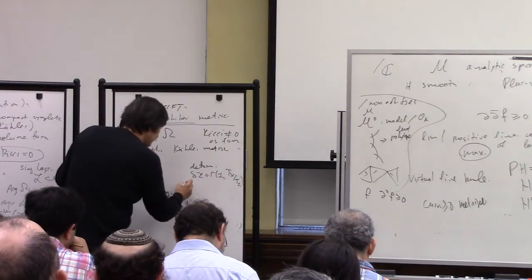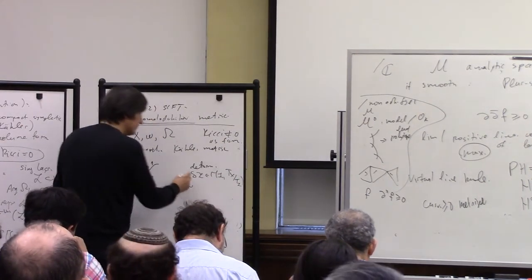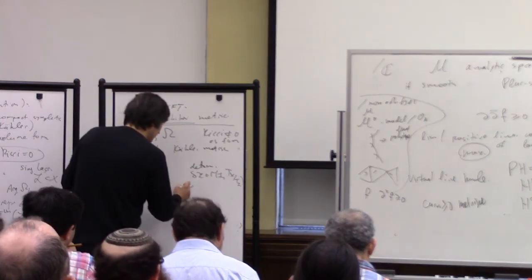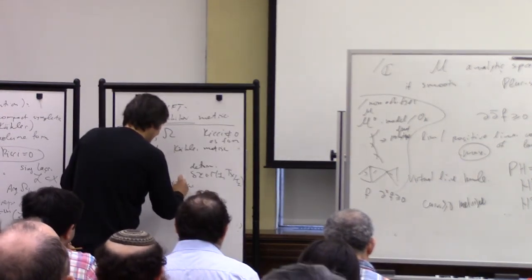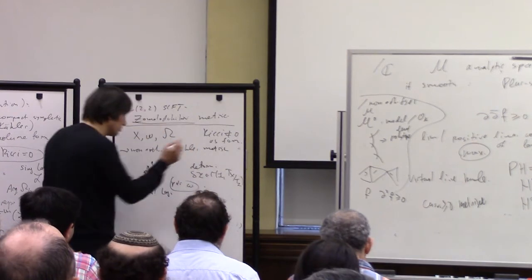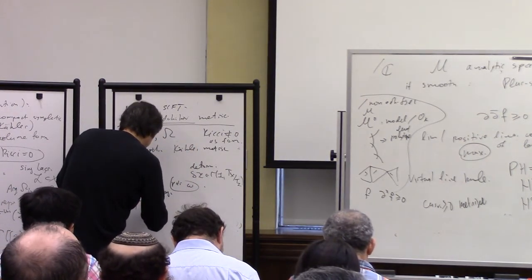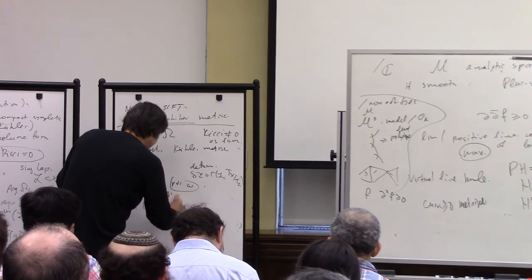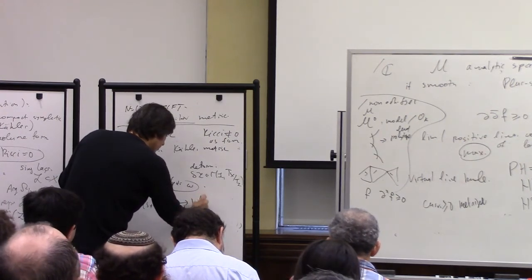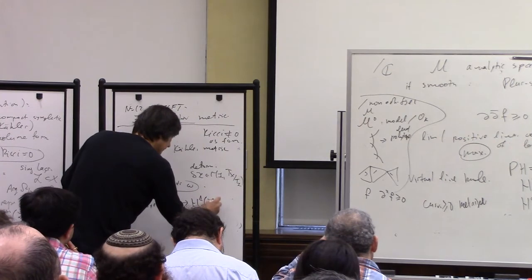You can pair it with the symplectic form, and you get a closed one form on L. So it means the tangent space to special Lagrangians maps to H^1, the first cohomology group of L with real coefficients.